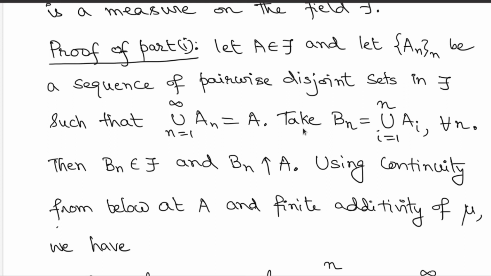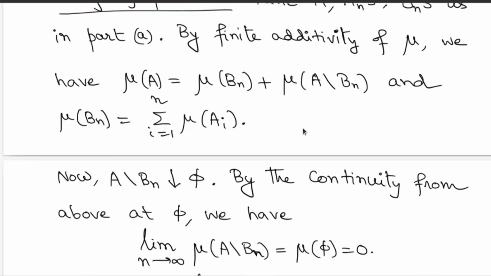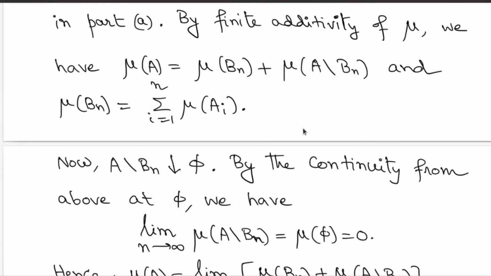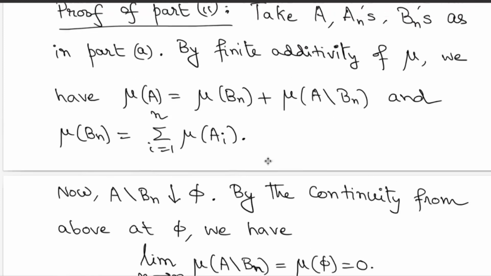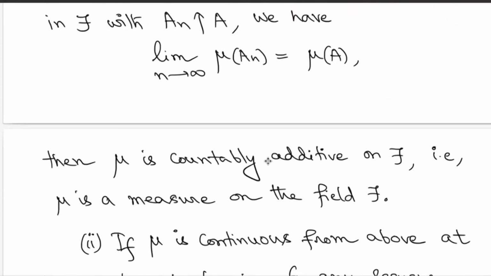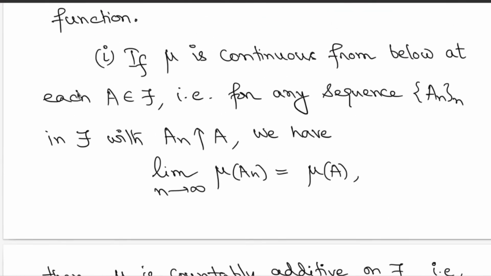For part 2, we don't need to look at arbitrary sets, but we just have to ensure continuity from above at the empty set. For part 1, we need this continuity property for any set A, because you are going to show this for arbitrary approximations from below. So that's what is happening.